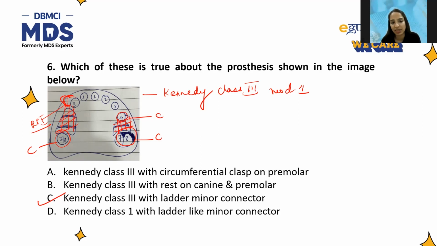What are the common clasp designs that are used, which kind of minor connector is used, which kind of major connector is used, and generally brush through some of these photos from my standard textbook like McCracken or Stewart. The advantage is that when the same question gets repeated in your next exam, you're thorough with the knowledge pertaining to solve the question. So consider it like a fresh question for yourself. And if you have the knowledge, then you can always solve the question.